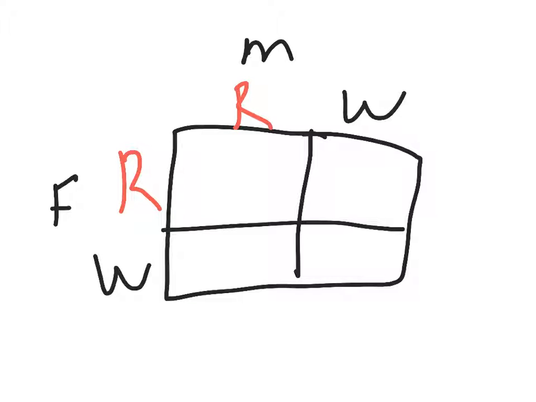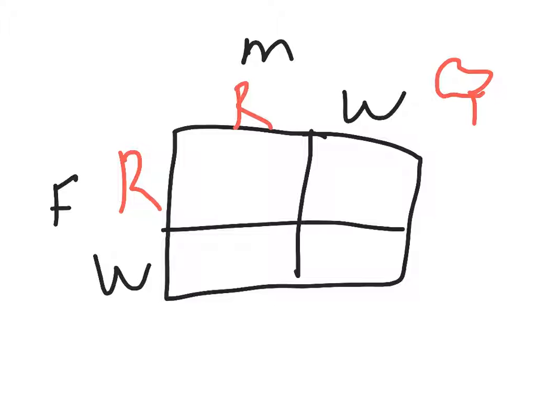And their offspring, because R, red, is dominant, are all red flowers. So let's cross them. Each one of these is a separate allele, right? The father can donate either an R or a W, and the same thing with mom.